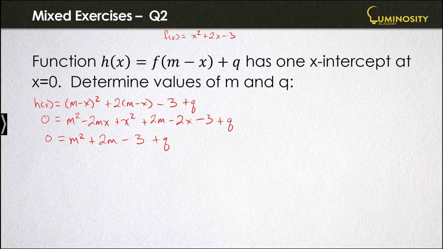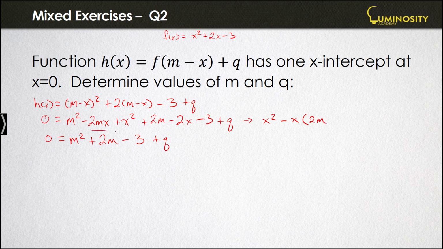So that can help us in one regard. In the next, we want to combine like terms here. So we have x squared, and so we're going to take out a minus x from this. So we have minus x into, and here, instead of having minus 2mx, we're just going to have 2m.